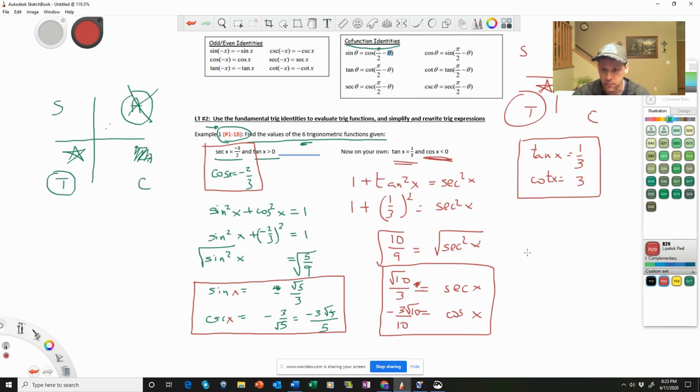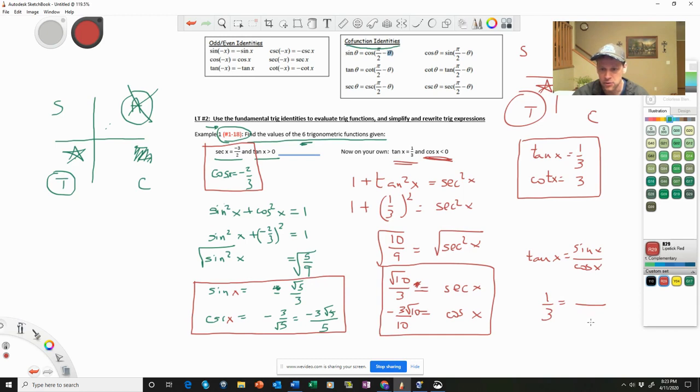So for the sine, let's see, I can say once again that the tangent of x equals the sine of x over the cosine of x. And this is kind of cool because the tangent's 1/3, which tells you that the cosine has to be 3 times bigger than the sine.